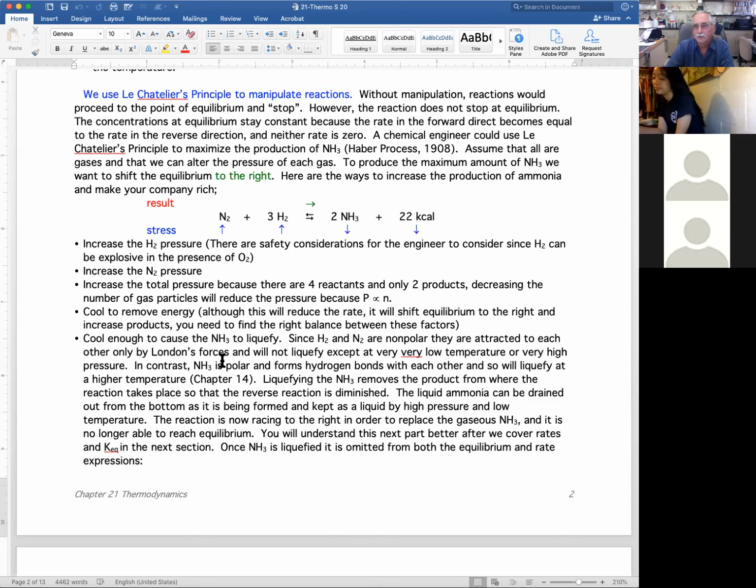So you get hired as a chemical engineer. Your job is to make more money for the company. If the company is involved in producing ammonia, that's your job. Your job is to make this arrow go in that direction so you can maximize the production of ammonia. So knowing that, what would you do with the partial pressure of, say, hydrogen?